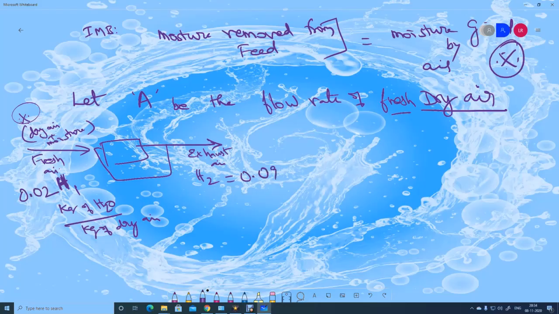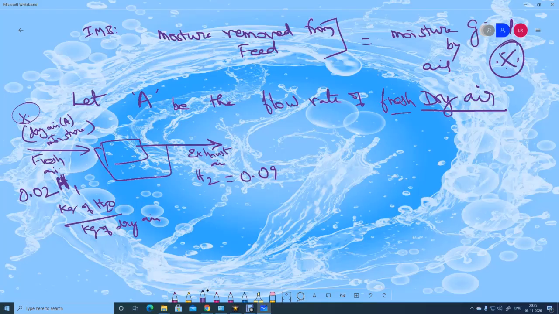Whatever is the fresh air, that fresh air contains some amount of dry air and some amount of moisture. So I am defining, let this amount be A. What is the associated moisture?